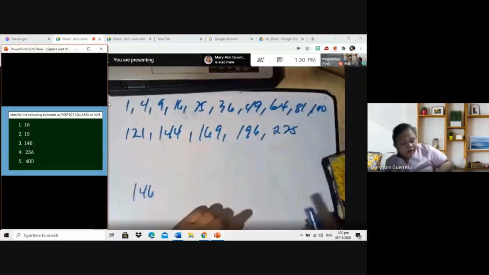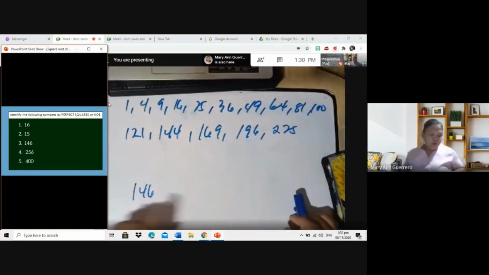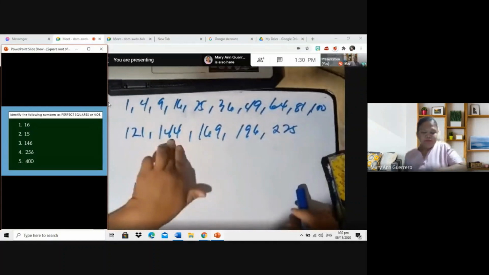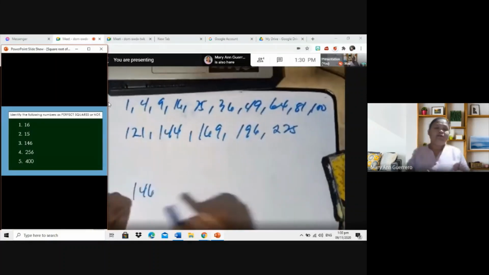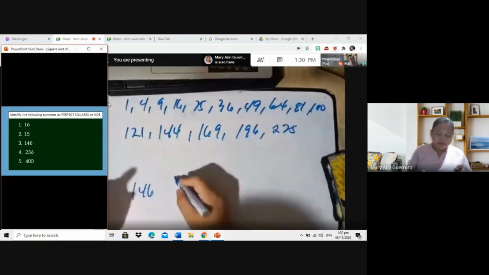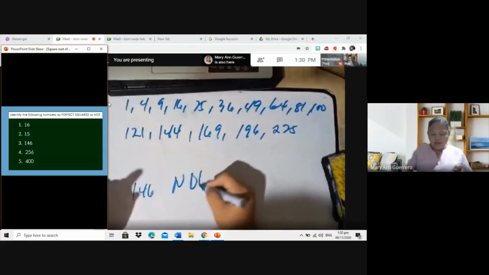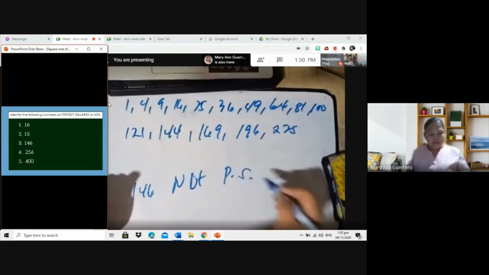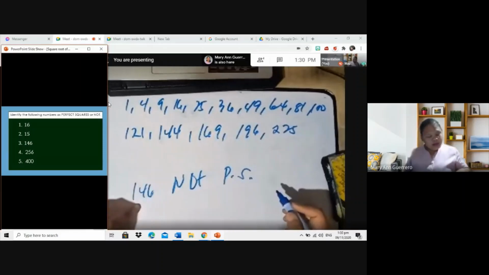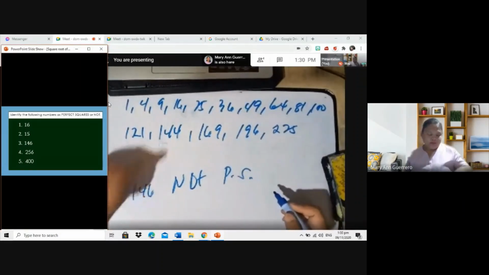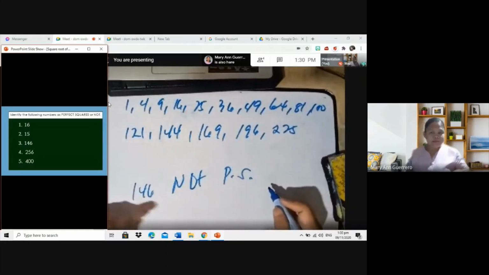Now, 146, 144, 169. 146 is not a perfect square. The nearest perfect square to 146 is 144. So 146 is not a perfect square.